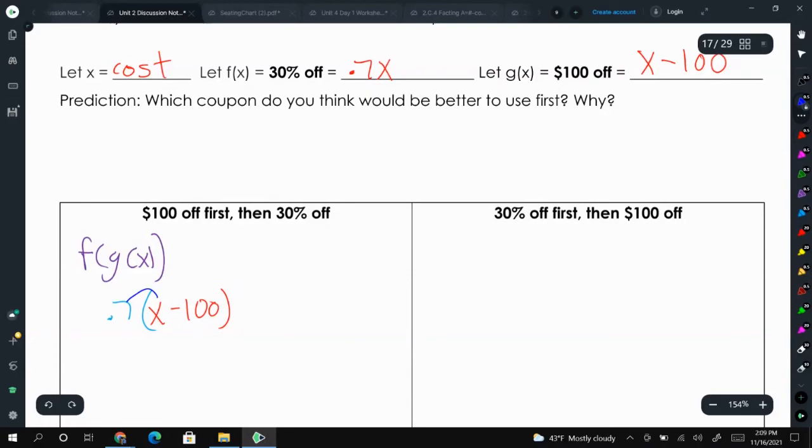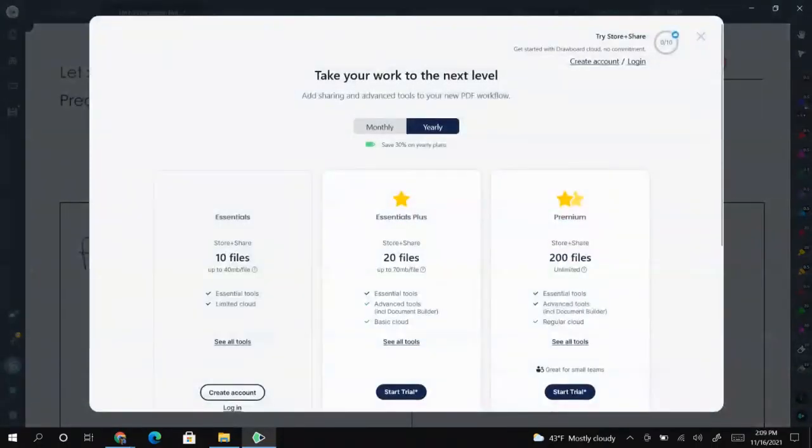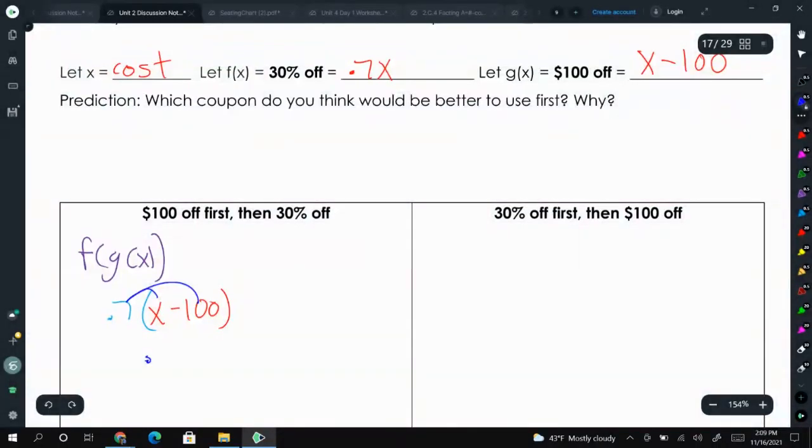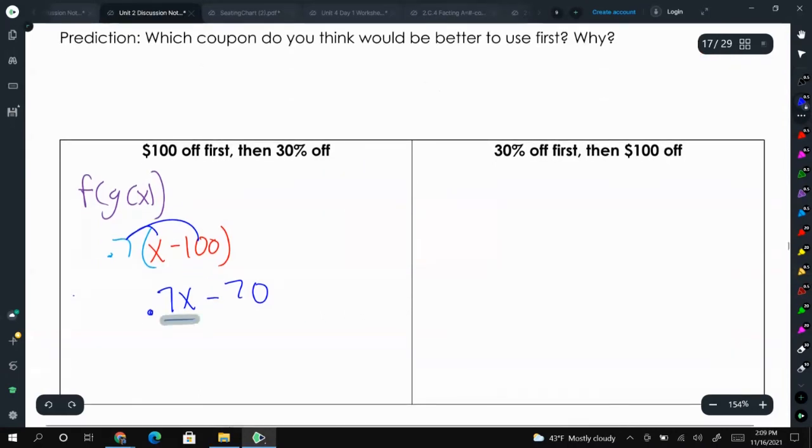And when I distribute this, I get 0.7x minus 0.7 times 100 is 70. Let me write this a little bit neater. So if I'm using the $100 coupon first and then 30% off, I would plug in the cost of the item for x, multiply that by 0.7, and then subtract 70.